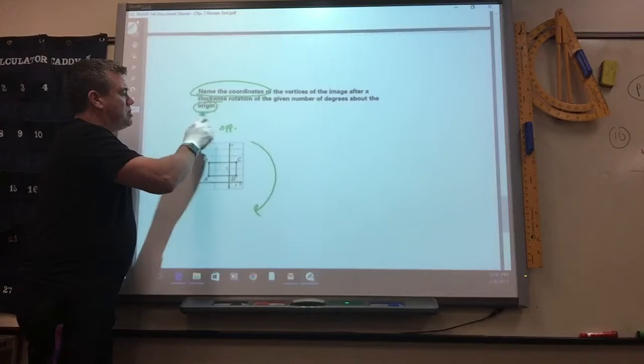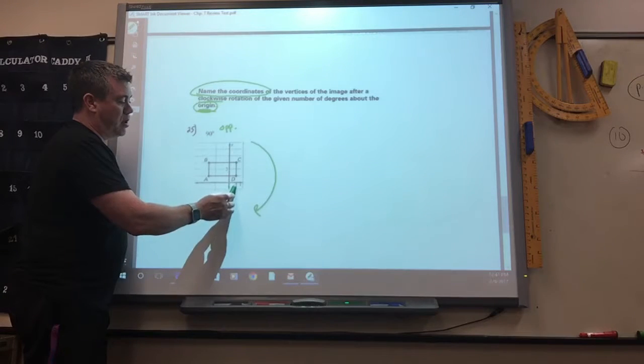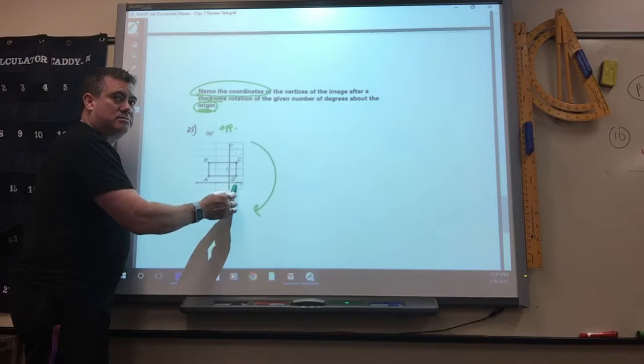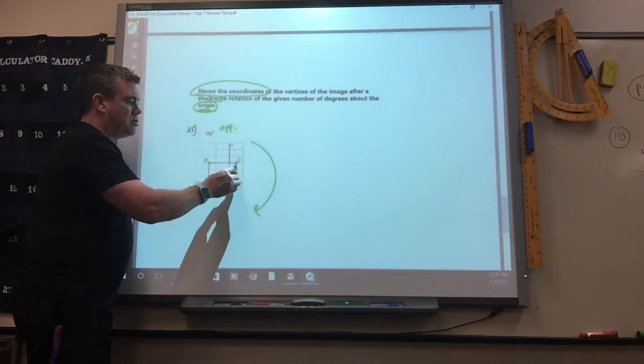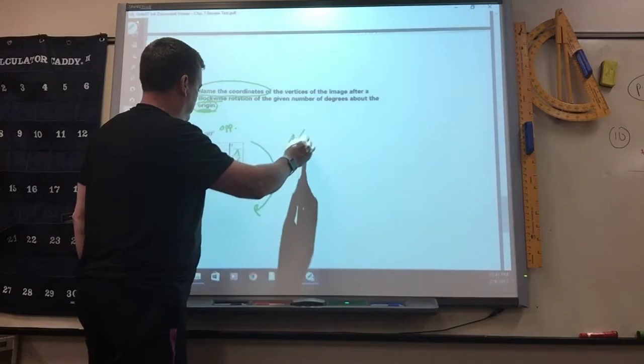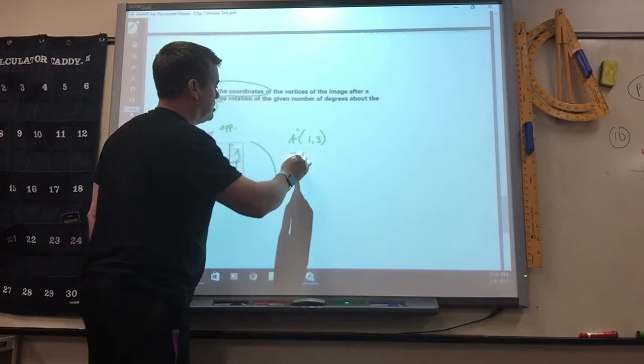A, to get to the origin, is down 1 over 3. So you do the opposite of down 1, you'd go over 1. And the opposite of over 3 is up 3. So it ends up right where C is. So A prime is 1 over 3 up.